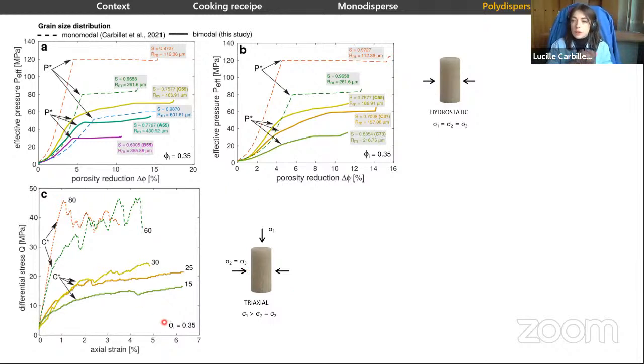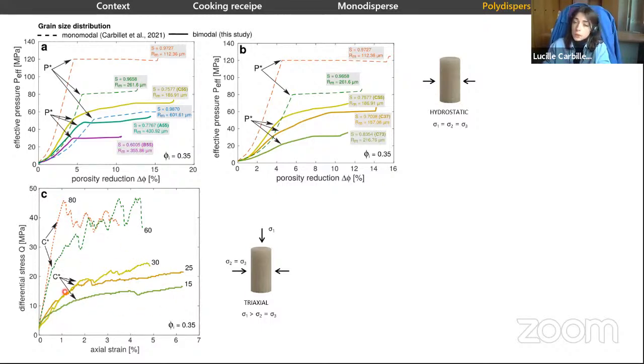Regarding the behavior under triaxial conditions, we have to look at figure C. Again, that's the differential stress Q against the axial strain. In that graph, you have the results for monomodal samples, monodispersed samples in fact, and below them, we have the results obtained for the bimodal samples.